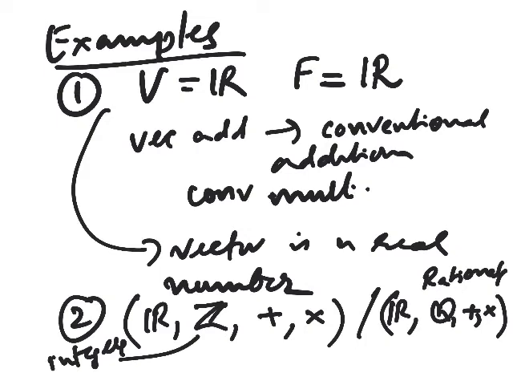Out of these two examples, R Z plus multiplication and the other one, do you think that both of them are vector spaces?